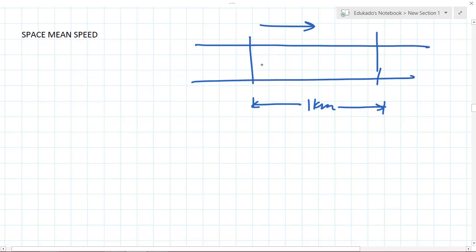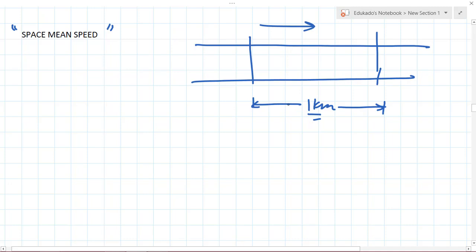The average speed of the vehicles in this given section is what we call the space mean speed. How will we calculate it? Let us take a 1 kilometer section like this, and if we know the speed of each of the vehicles within the section and average it out, that will be the space mean speed for this 1 kilometer section. That's how we proceed.